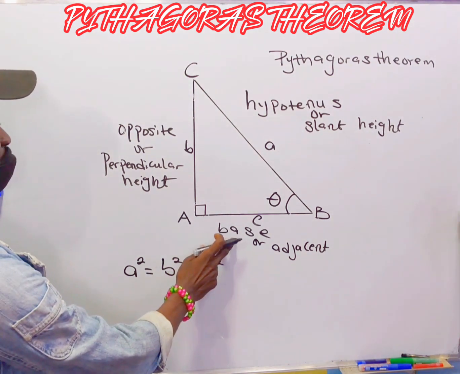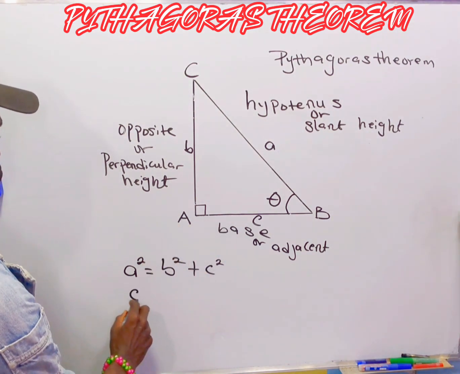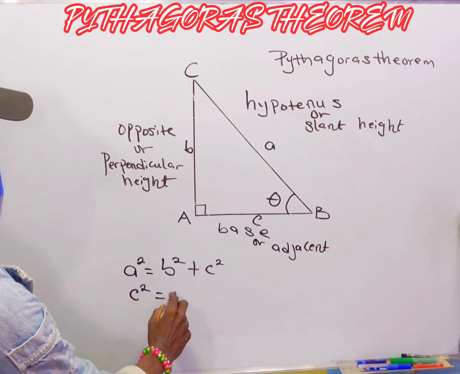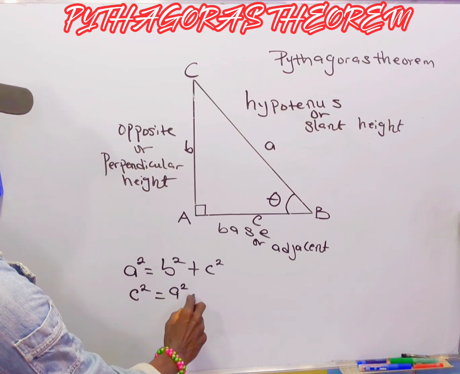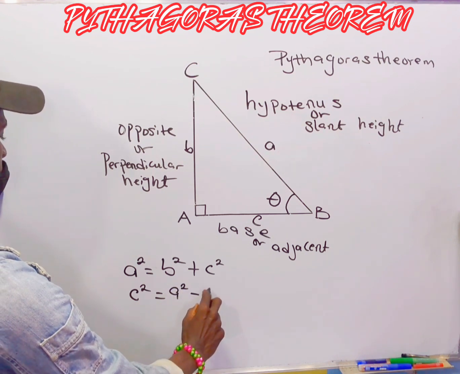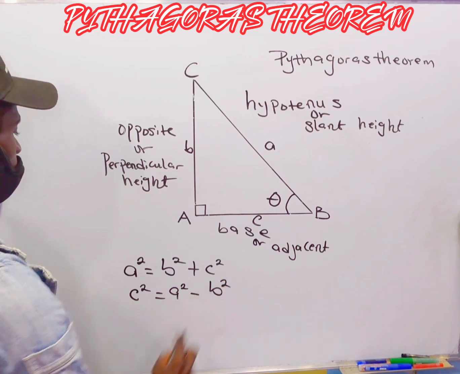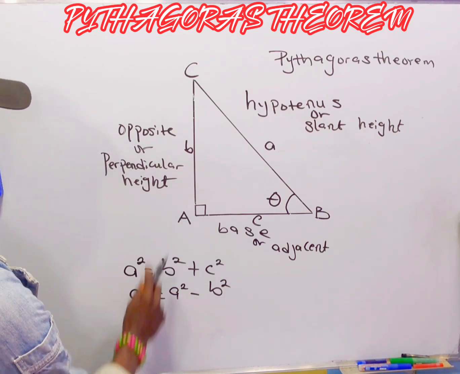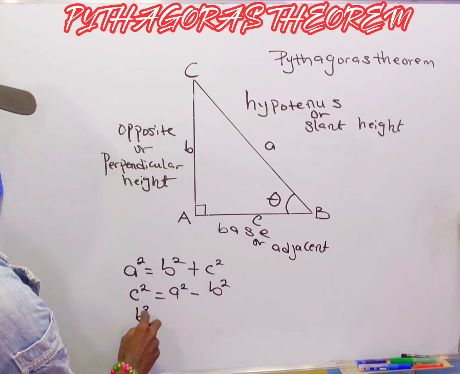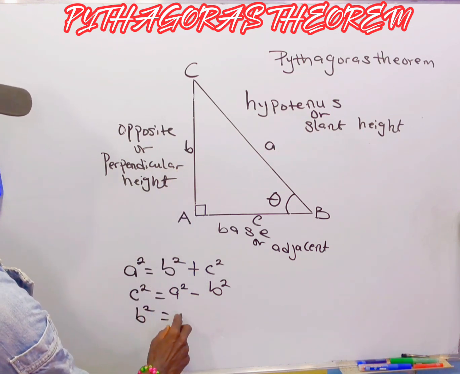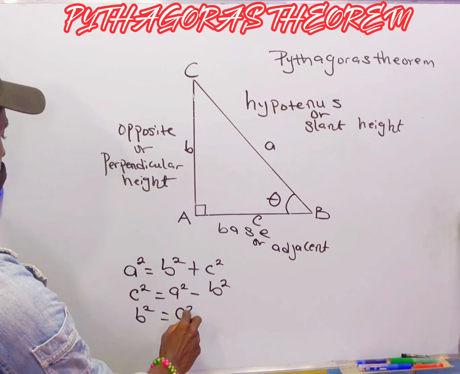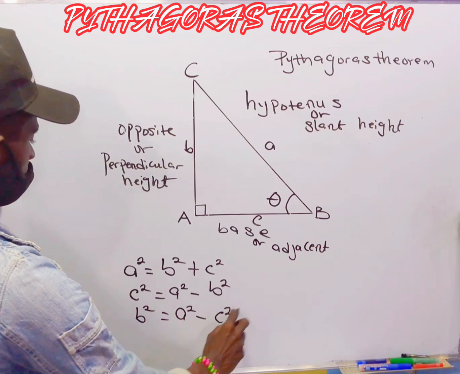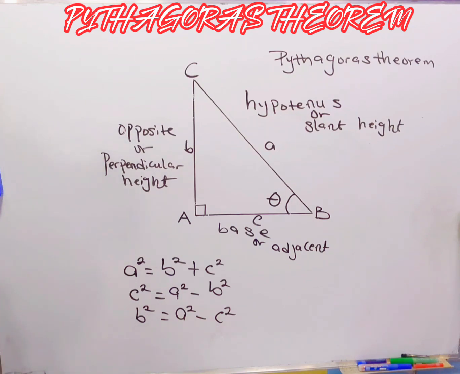Also, to get the adjacent, which is side C, the square of side C is equal to the hypotenuse square minus the opposite square. And also, to get side B, B square is equal to the hypotenuse square minus the adjacent square.